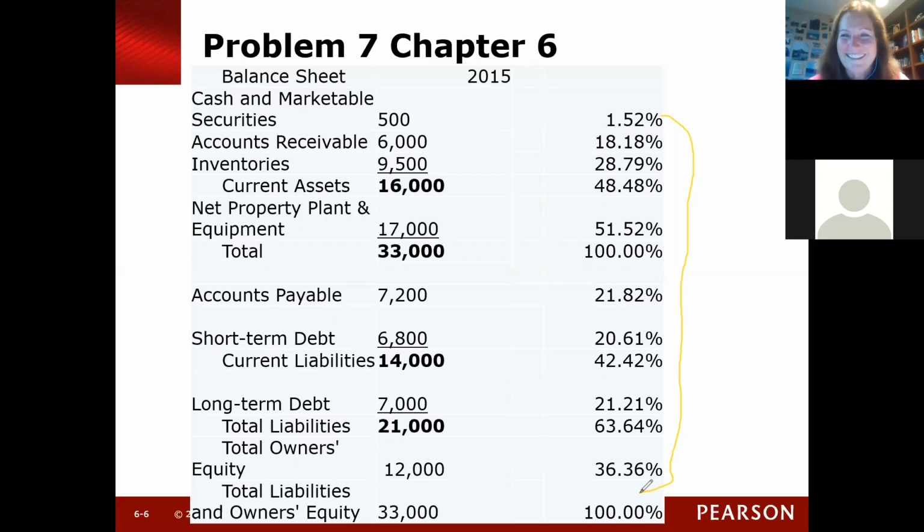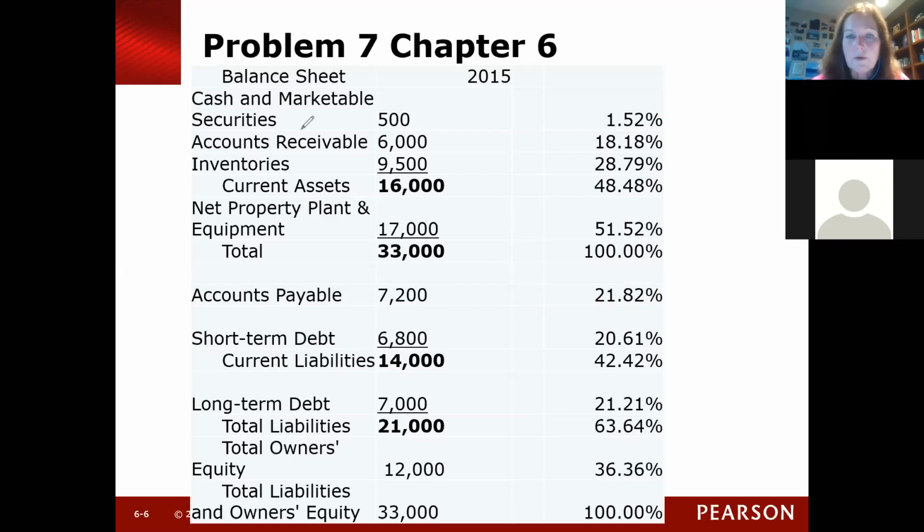It's the total at 63.64%. Good. And so we're looking at 20.61 for short-term debt, and long-term debt is 21.21. So the total liabilities, but keep in mind that includes your accounts payable. Total liabilities is 63.64.